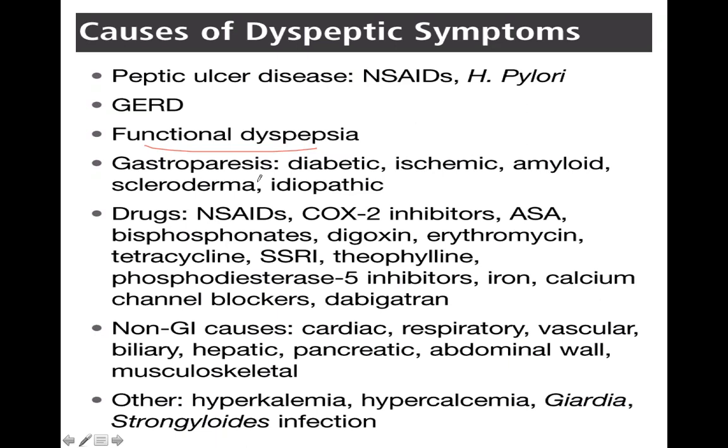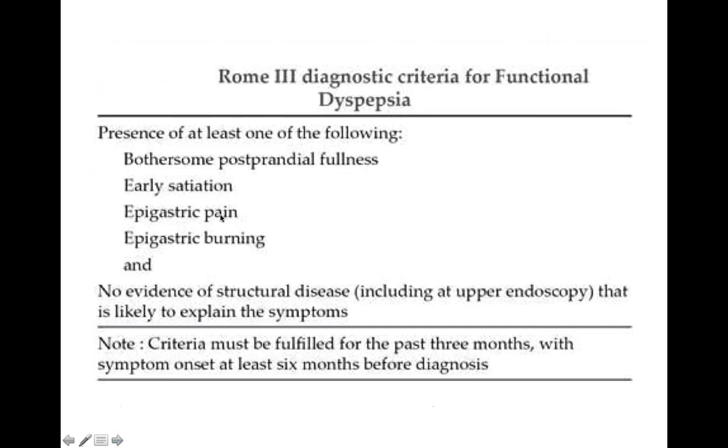So the patient comes to you, and you have to make sure that the patient is less than 55 years of age. I will come to that. The patient is 40, 45 years of age, 35 years of age, whatever. Okay, and the patient says, whenever I eat something, I feel full, and there is a nauseated feeling. I have pain also, and I have a burning sensation. So the first test you will do is for H. pylori infection.